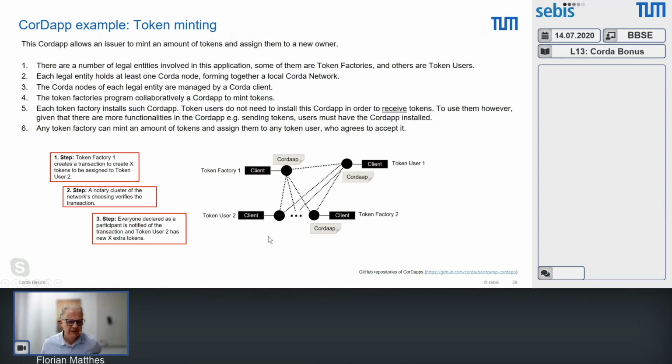What also is interesting is that we want to not only see how the transaction is performed, but we also want to create events so that participating parties are notified about these operations.